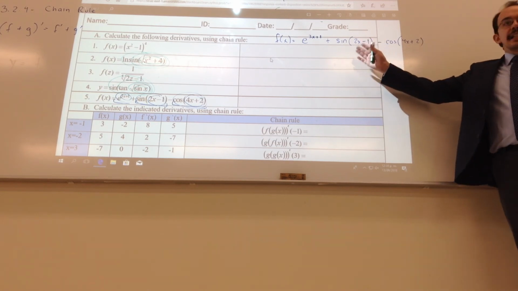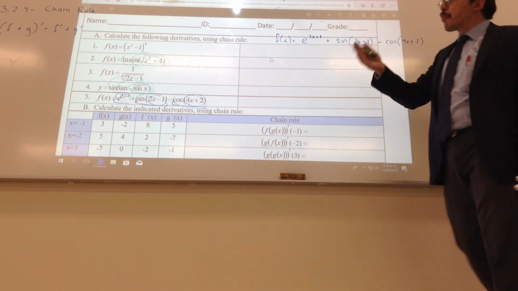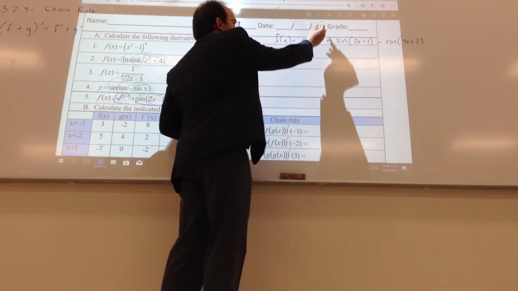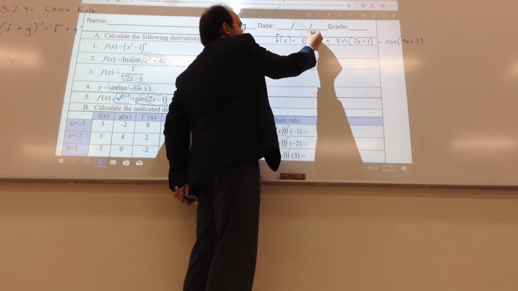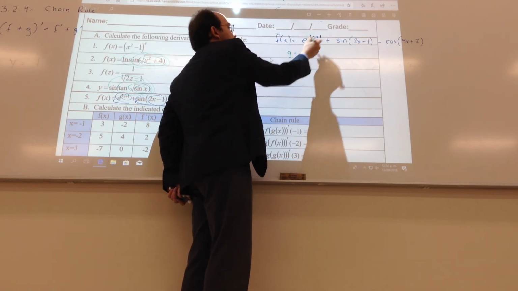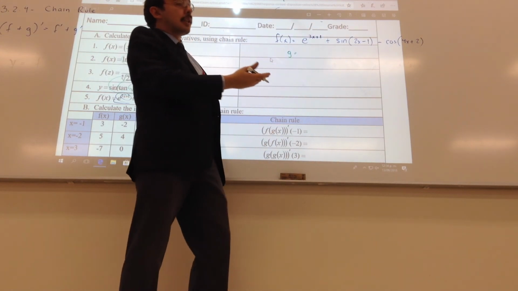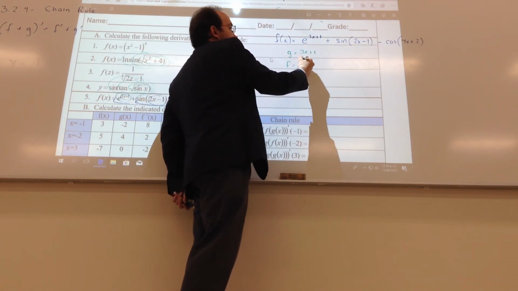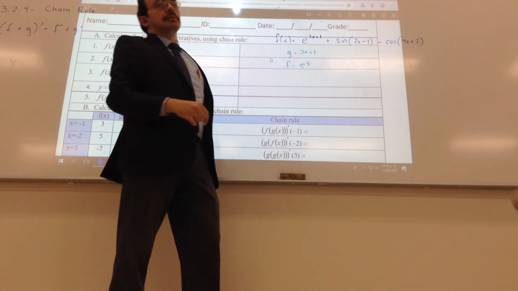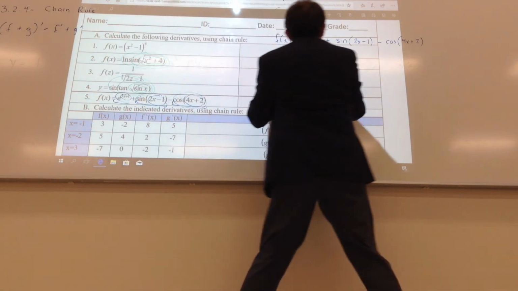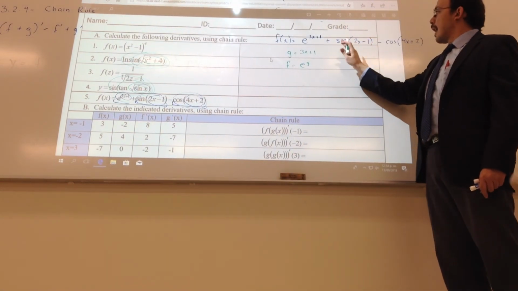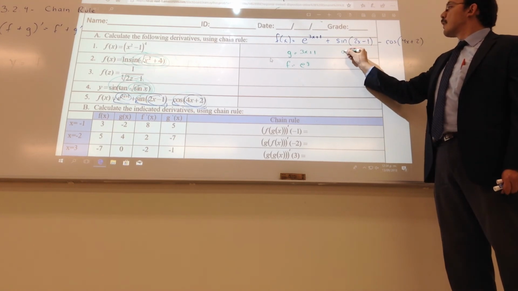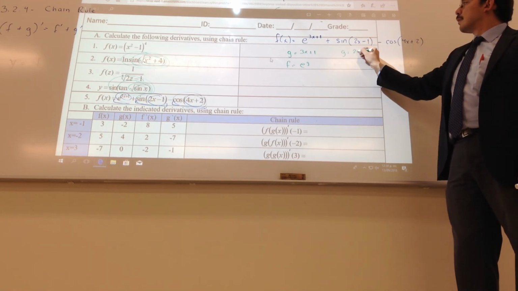Okay. This one. Let's decompose each part. For this function, I have 2 components. So my g for this function is going to be what? 3x plus 1. And f is going to be e to the g. Now for this one, a different function. What's another g? 2x minus 1.